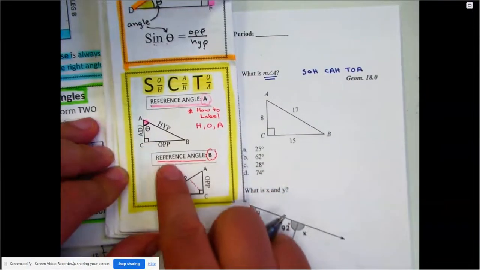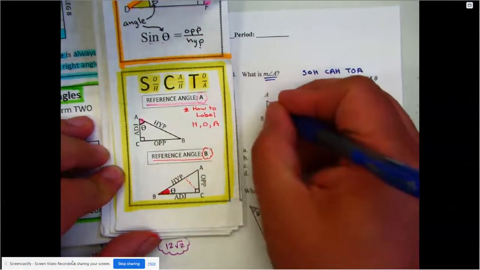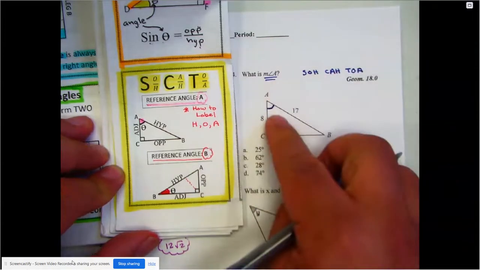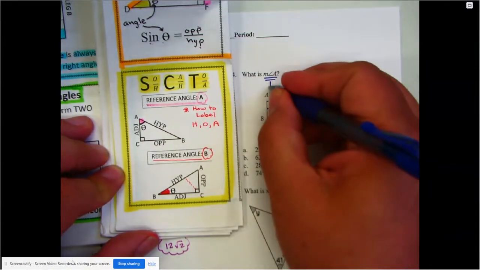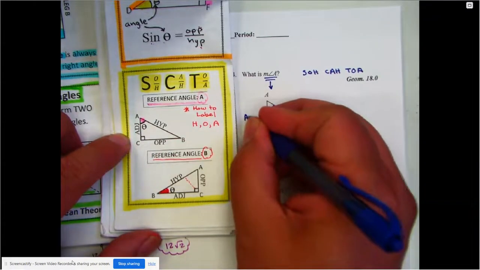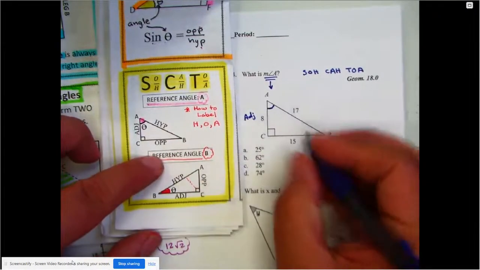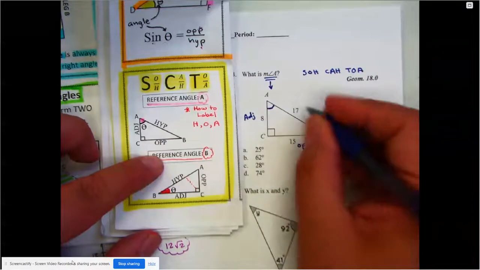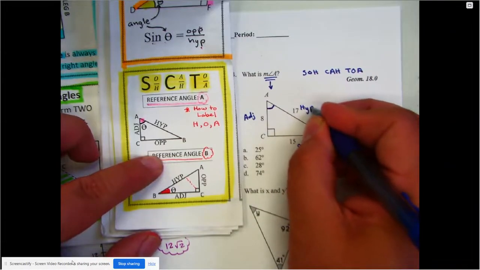All I have to do is label, and look, I'm working with angle A, so that's this one up here, so I mark it. And because I'm marking that top one, again, we're trying to help you out. Look at that, adjacent, opposite, and the height, the hypotenuse.